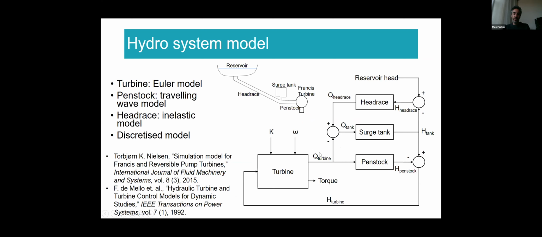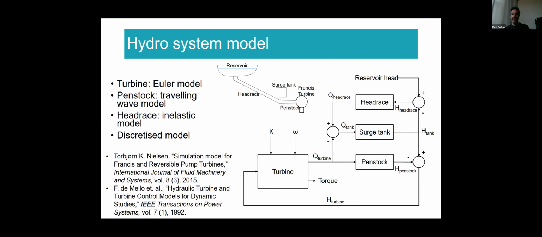So the model for this is based on, I believe, a relatively famous paper, but I've used a slightly different turbine model. This was based on, again, work from NTNU. It's an Euler model that is based on the mass flows and the water deflection by the blades in the turbine.